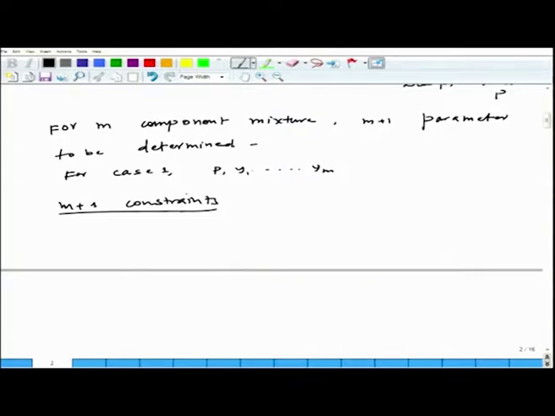So, let me write down: there are m components, that means m equations for fugacity. f_i^L(T, P, x) equals f_i^V(T, P, y), where i is equal to 1 to m. So, there are m equations for each of them. In addition, since y's are connected, we have summation y_i equal to 1. So, how many constraints are these? m plus 1 constraints.